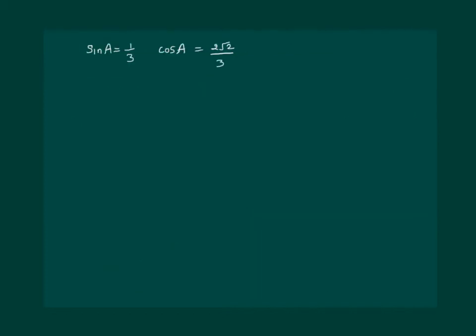Now we can calculate tan A, which is given by sine A by cos A, which is 1 by 3 divided by 2 root 2 by 3, that is tan A equal to 1 by 2 root 2.